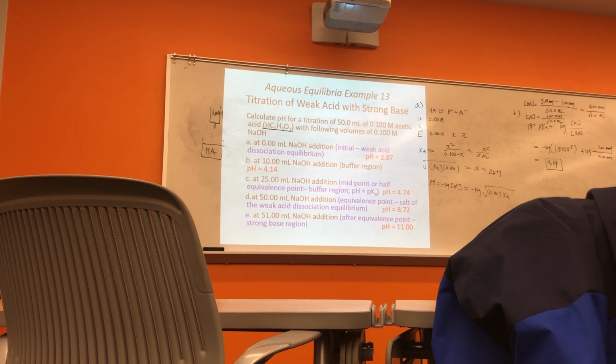So all of HA is completely neutralized. You had this before, but after neutralization nothing remains, and then you have conjugate base, 5 millimole.